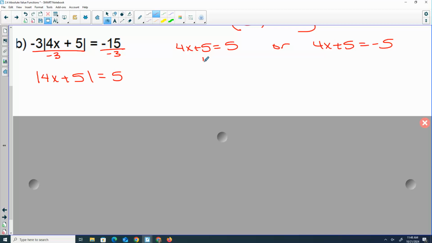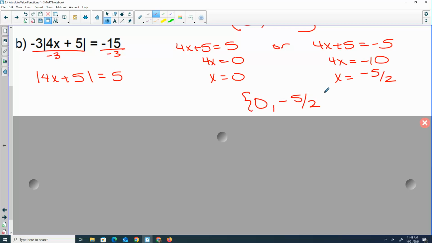So if we subtract our 5, divide by 4, negative 10 divided by 4 is negative 5 halves. Again, you can box both of those in, or we could write it as a solution set. But make sure you isolate the absolute value first.